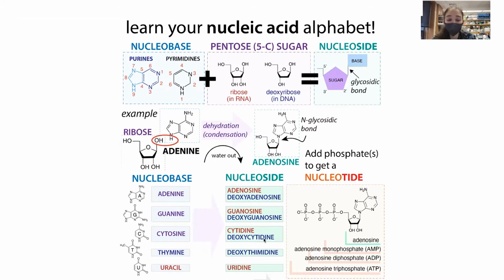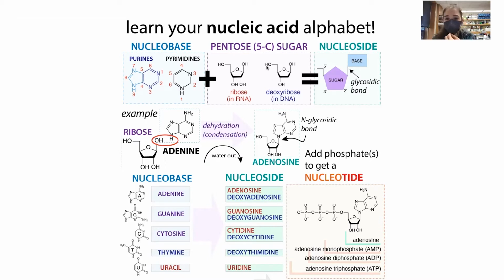Thymine becomes deoxythymidine, and uracil is uridine. So if you have a pyrimidine, it gets the -dine added to the end, and your purines, adenine and guanine, give you the -osines. And then if you add the phosphates, you get monophosphate, diphosphate, triphosphate, etc.